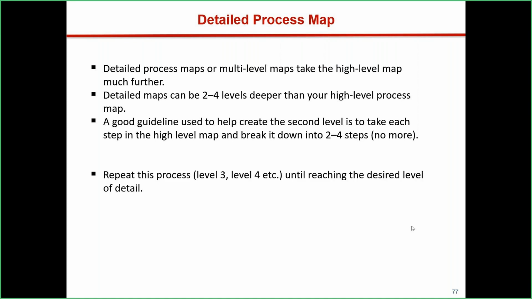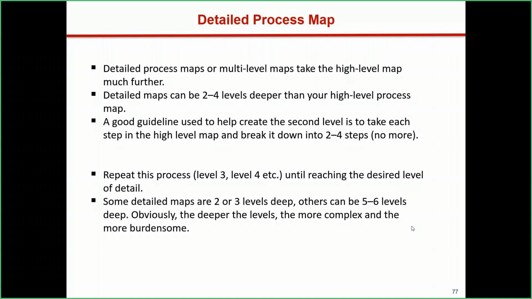Repeat this process for level 3, level 4, until reaching the desired level of detail. Some detailed maps are 2 or 3 levels deep, others can be 5 to 6 levels deep as well. Obviously, the deeper the levels, the more complex and more burdensome.